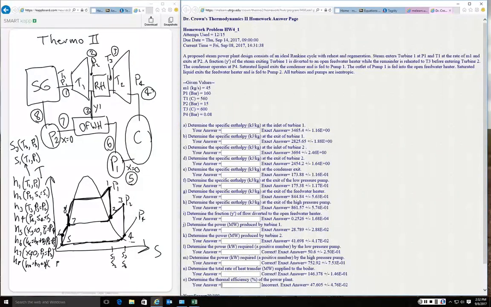And I know here that V7 is a function of T7 and quality 7, which is 0, and also, I guess P7 is the saturation pressure, but P7 is the same as P2. So we just have to be careful with units there.